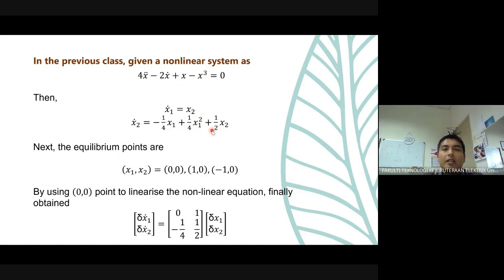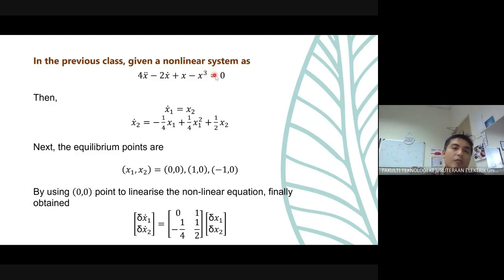Then we calculated the equilibrium points. Based on the calculation, we get the equilibrium points at (0, 0), (1, 0), and (negative 1, 0). So there are three equilibrium points for this nonlinear system.